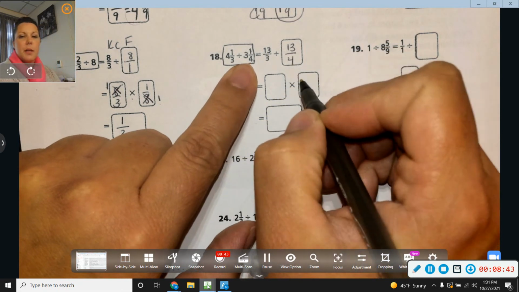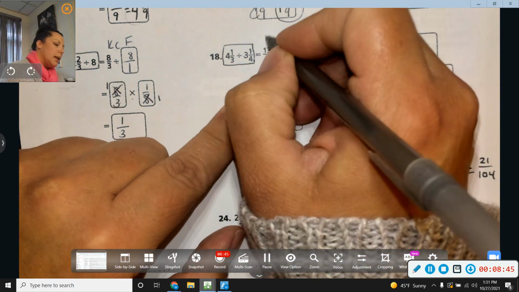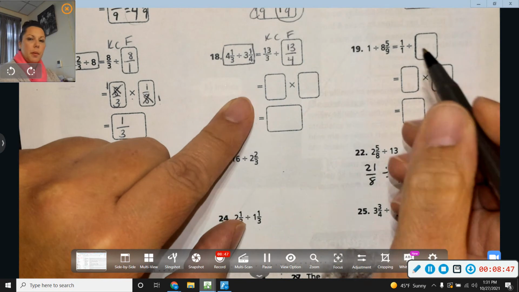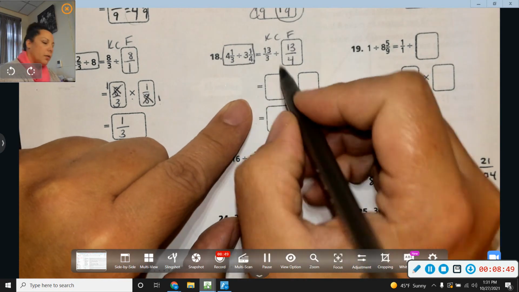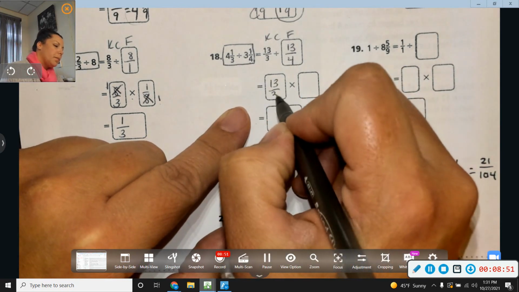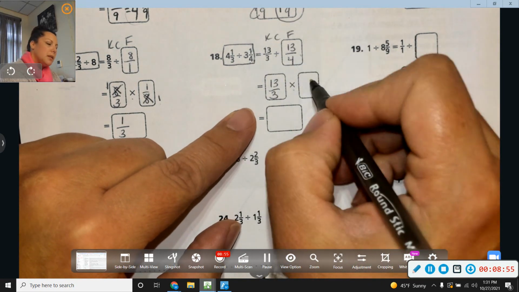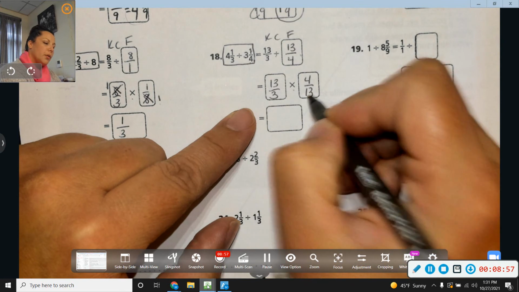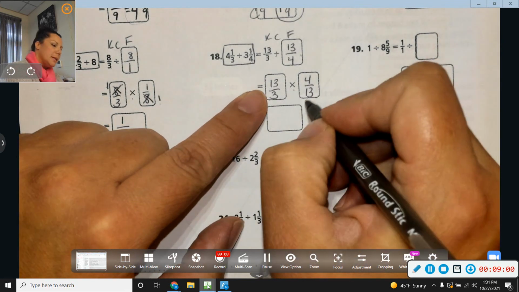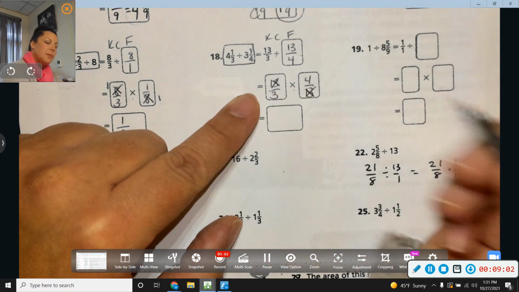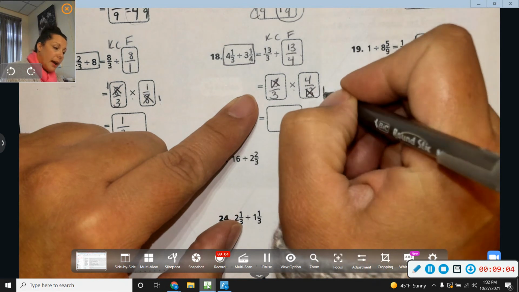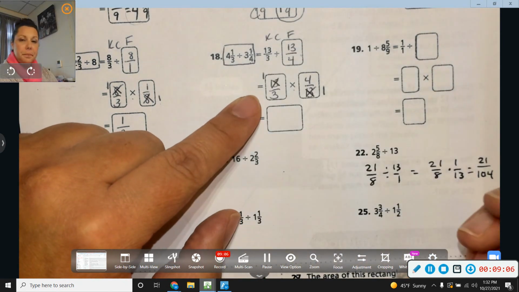Keep my denominator the same. So I keep, change, flip, keep 13 over 3, change divide to times, and flip this number to be 4 over 13. Happened again, get rid of my 13s because they're the same. They divide out and make 1.